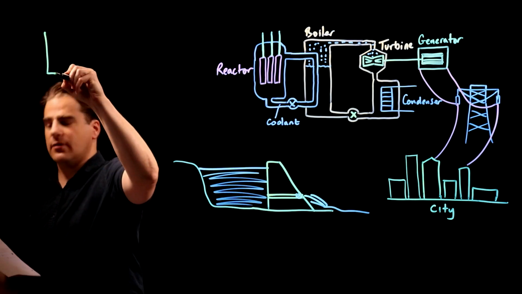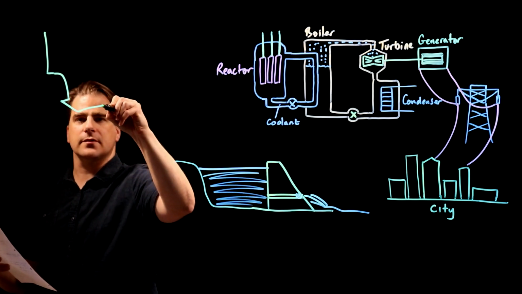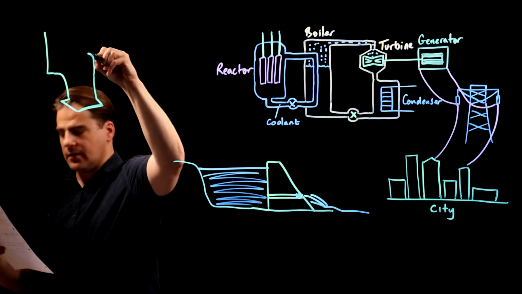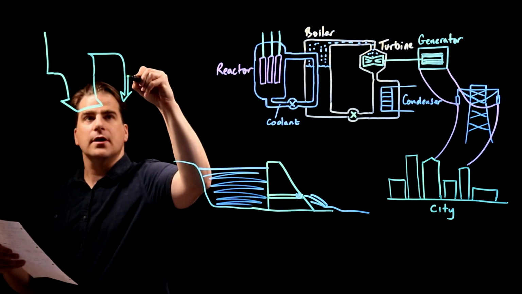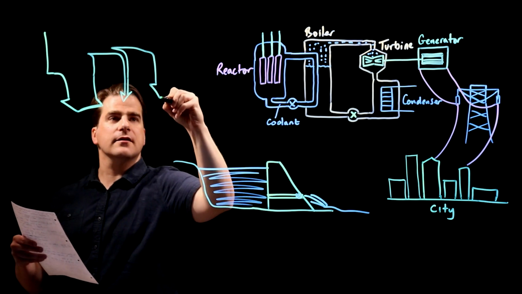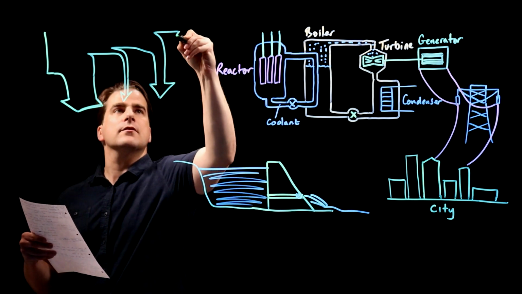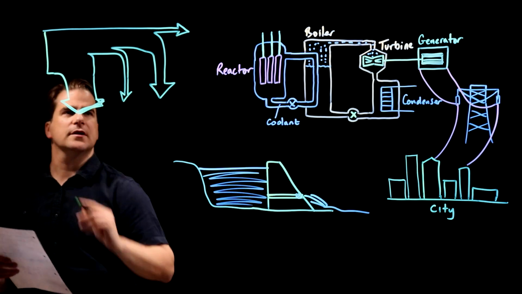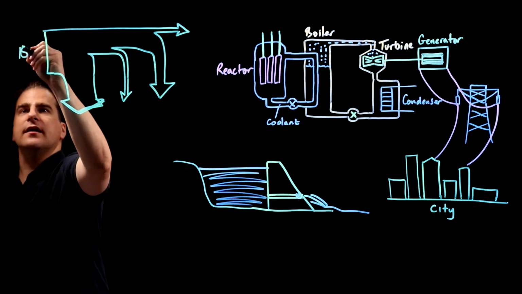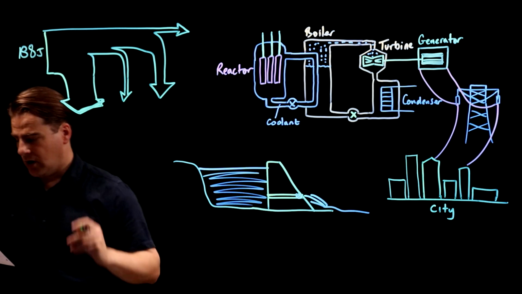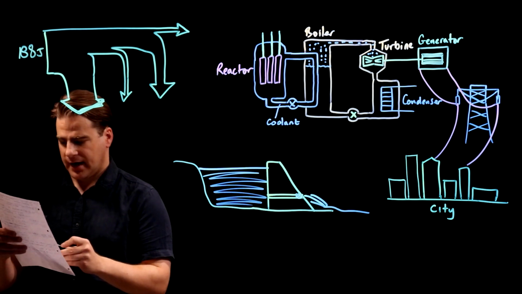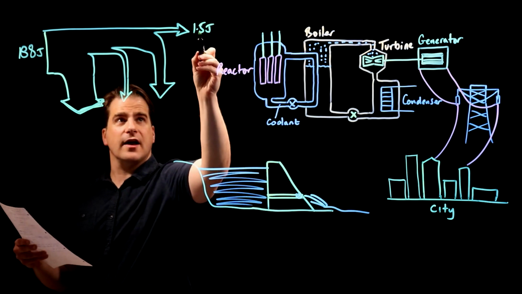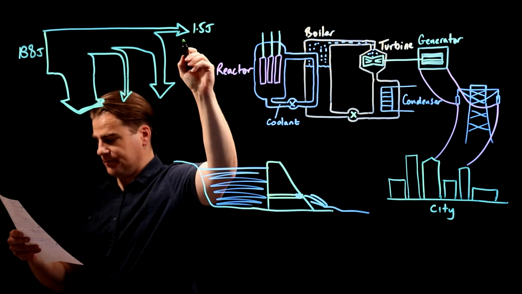Okay, so we've got this Sankey diagram, which looks something like this. Okay, so 188 joules of input into the power station, and you have a 1.5 joule useful energy output in the lamp there, okay?